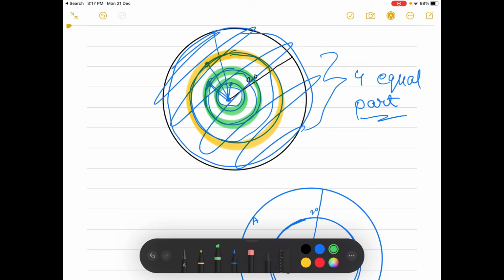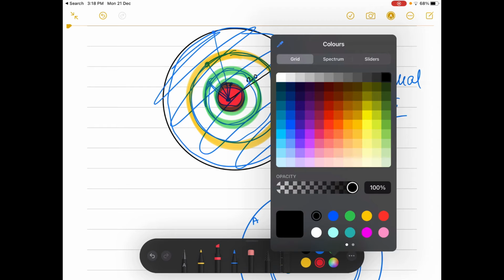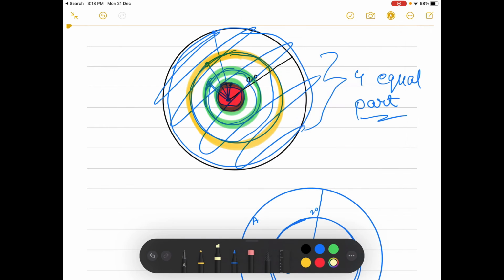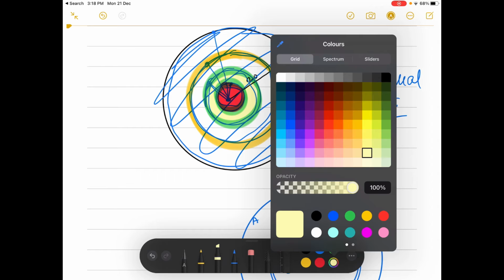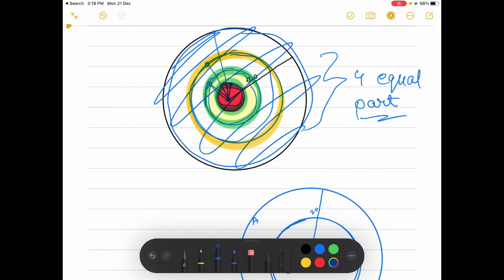Now in the question they have already mentioned that the area of this and the area of, wait a second, let me highlight with different colors. So the area of this circle is equal to the area of this, the one which is lighter yellow, which is equal to this dark blue area.